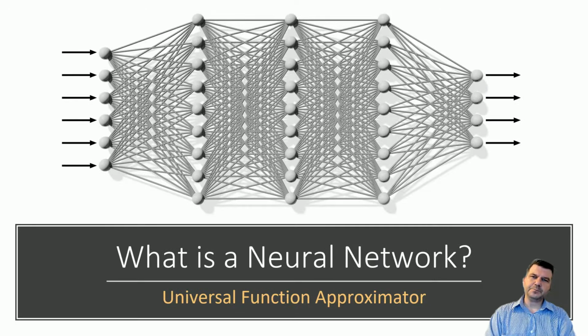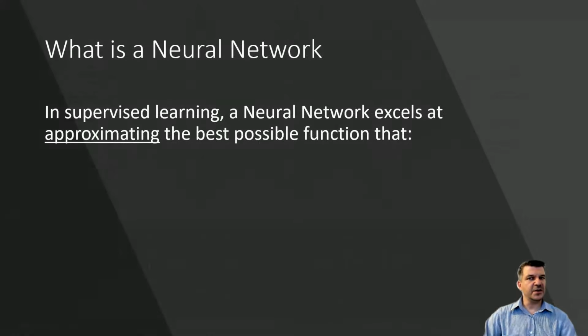Now, in video 2, we defined what a neural network is, and we defined it as a universal function approximator. More specifically, we said that in supervised learning, a neural network excels at approximating the best possible function that can do one of the two things that I'm going to present now.